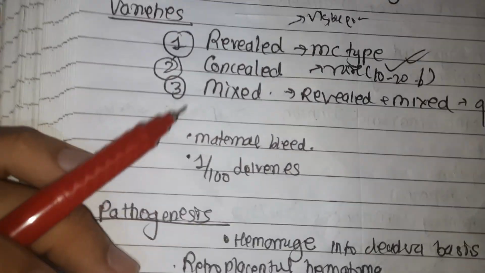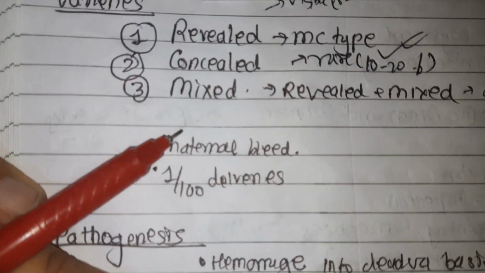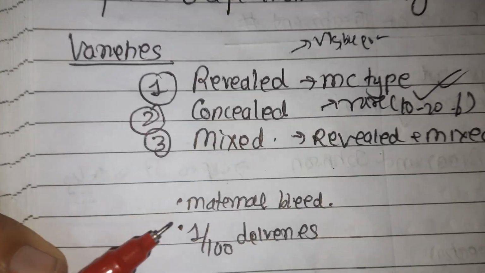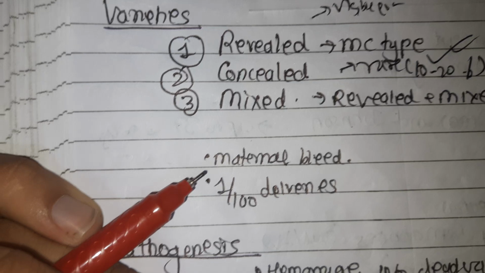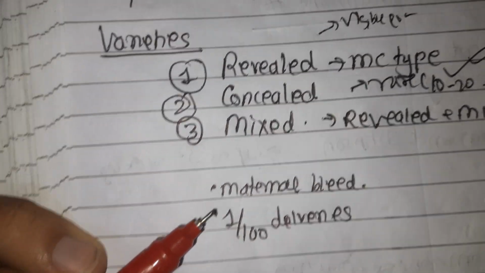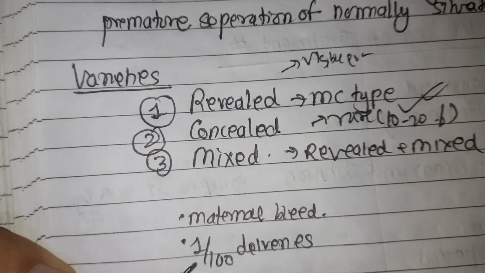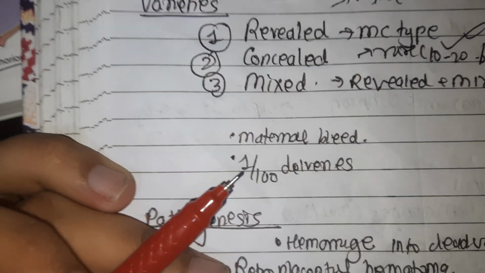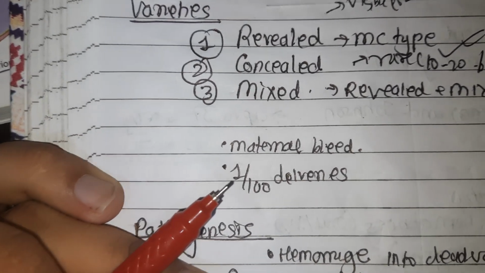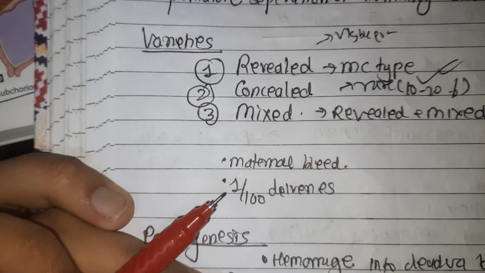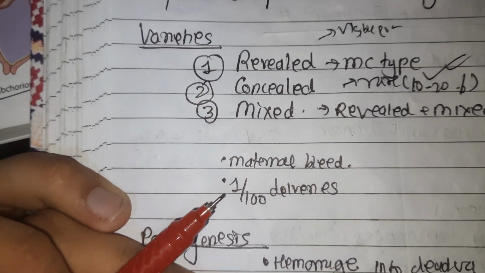And in abruptio placenta, the bleeding is almost always maternal, but the placental tear may also cause fetal bleeding. The incidence of abruptio placenta is 1 in 100 deliveries, and depending upon the extent, partial or complete, and intensity of placental separation, it is one of the significant causes of perinatal and maternal mortality.